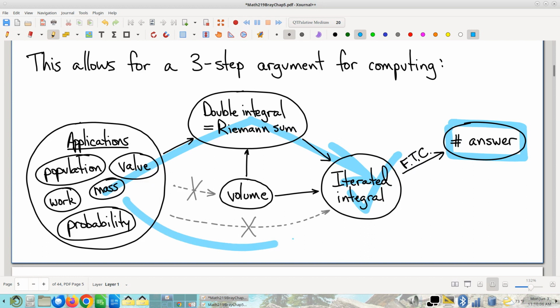How about I just write that iterated integral down immediately? Why do I need to write down the double integral whose only purpose is to allow me to write down the iterated integral that I'm going to compute from? It seems silly, perhaps, to bother writing down the double integral.